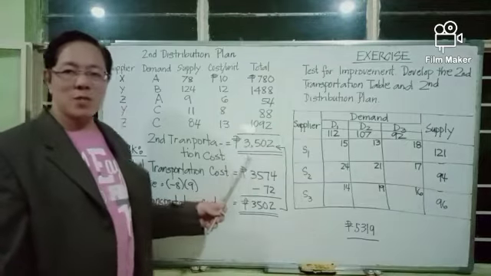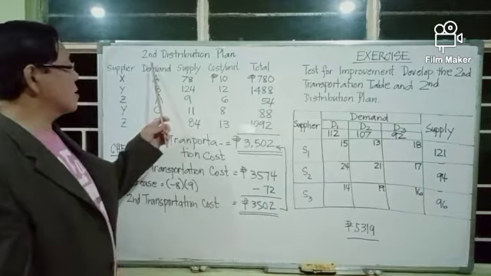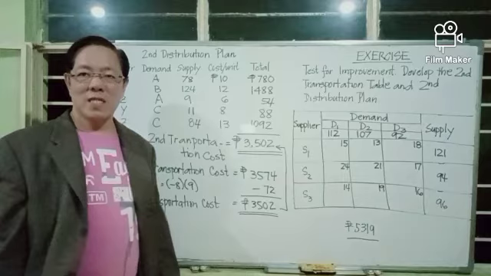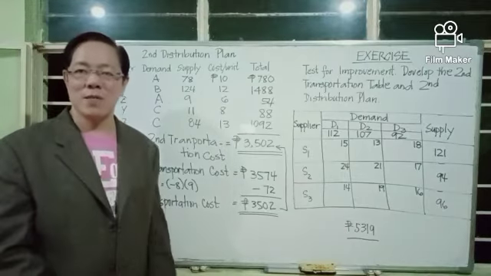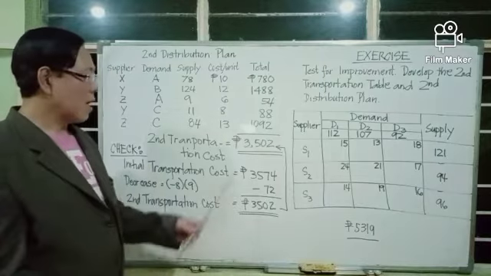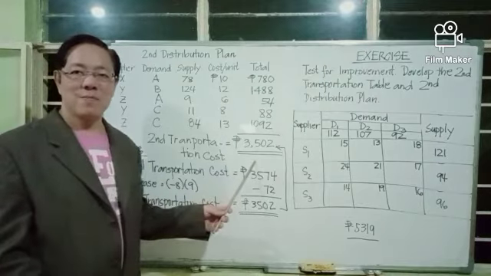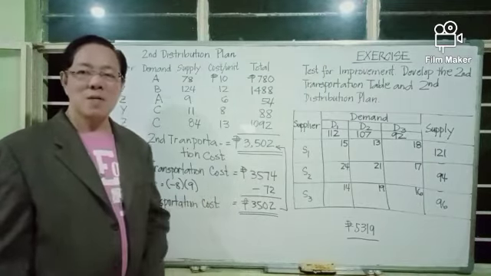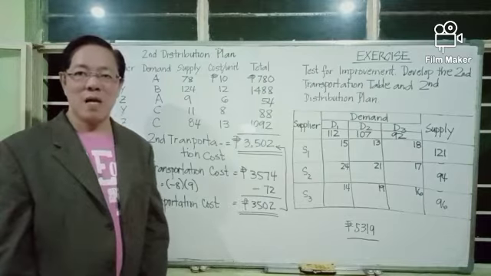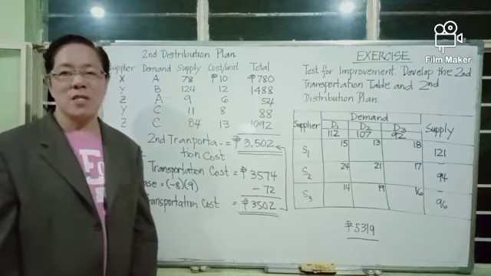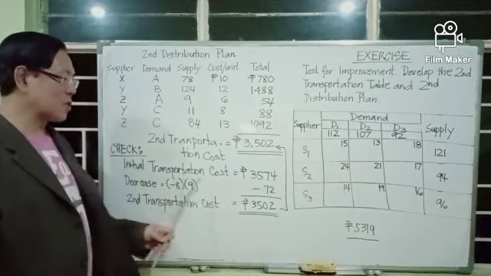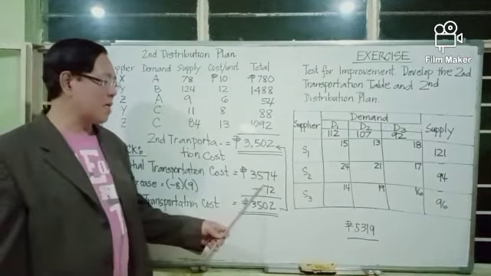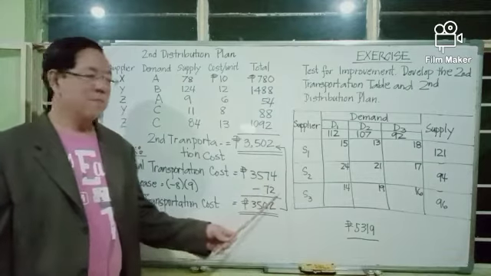This is the total transportation cost for the second distribution plan corresponding to the second transportation table. And we would now check if this is correct. From our initial distribution plan corresponding to the initial transportation table, we obtain the initial transportation cost of 3,574.